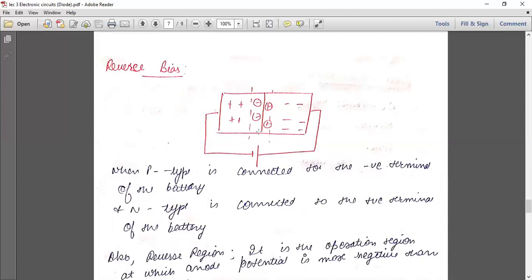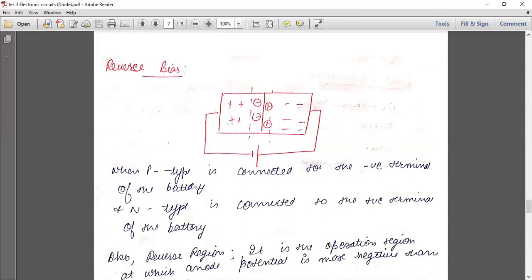So what happens? A very small amount of leakage current starts flowing when a small amount of holes are attracted towards these electrons and these electrons are attracted towards the positive terminal. The small leakage current flows initially, and the depletion region increases with the increase in voltage. As we increase the voltage, the depletion region increases.